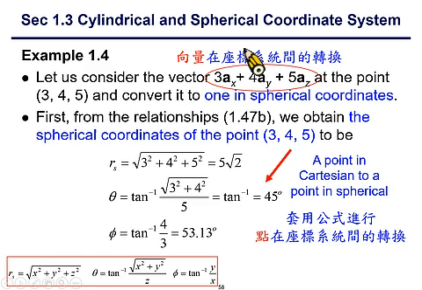The position is 3, 4, 5, and you can easily use equation 1.47b to find that r equals 5 times square root of 2, theta equals 45 degrees, which is pi over 4, and phi is the arctangent of 4 over 3, so that shall be 53 degrees.